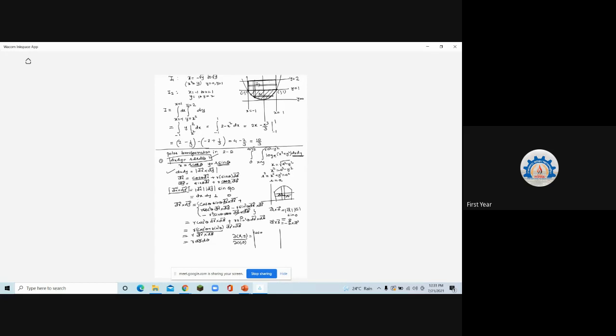The derivative of x with respect to theta is minus r sin theta. Then the derivative of y with respect to r is sin theta, and the derivative of y with respect to theta is r cos theta. Can you see these are the same terms that we are getting? R cos square theta plus r sin square theta becomes r. So this term is the Jacobian of xy with respect to r theta. Is it clear?